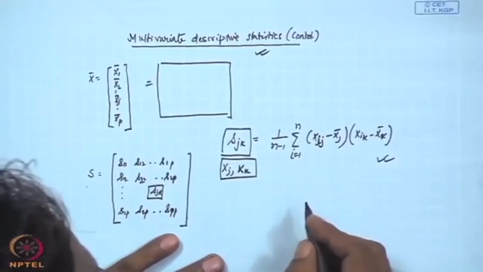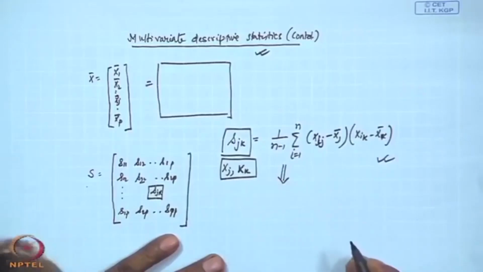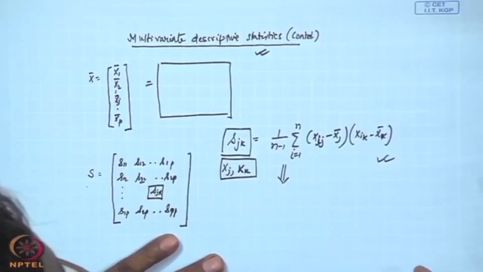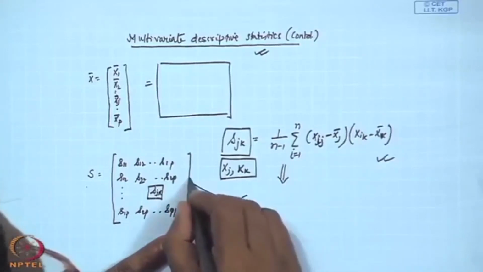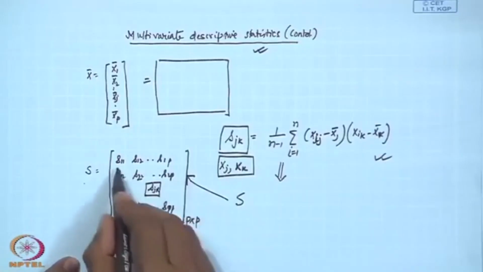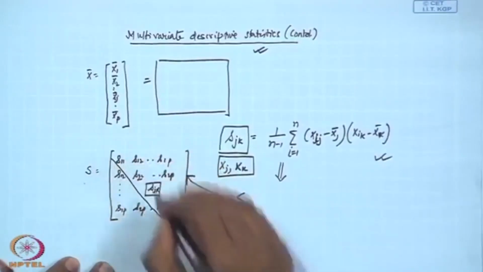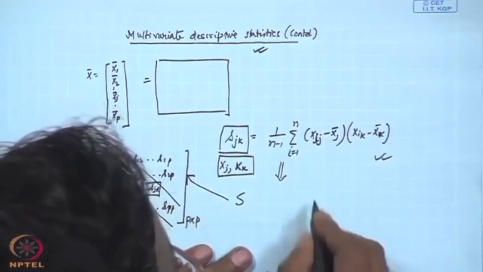Now we want to use matrix multiplication to compute S, that p cross p matrix, where diagonal elements are the variance components and off-diagonal elements are the covariance components. We will compute this from the data matrix.